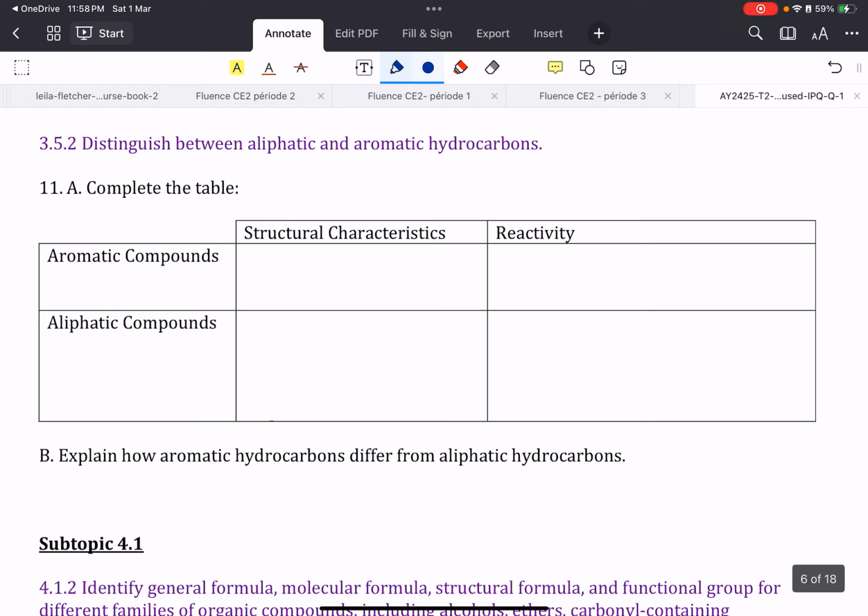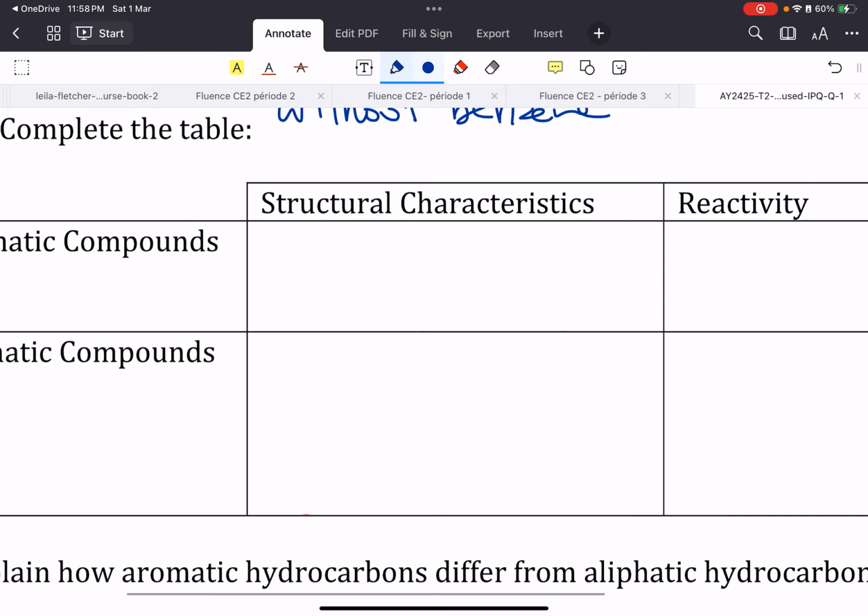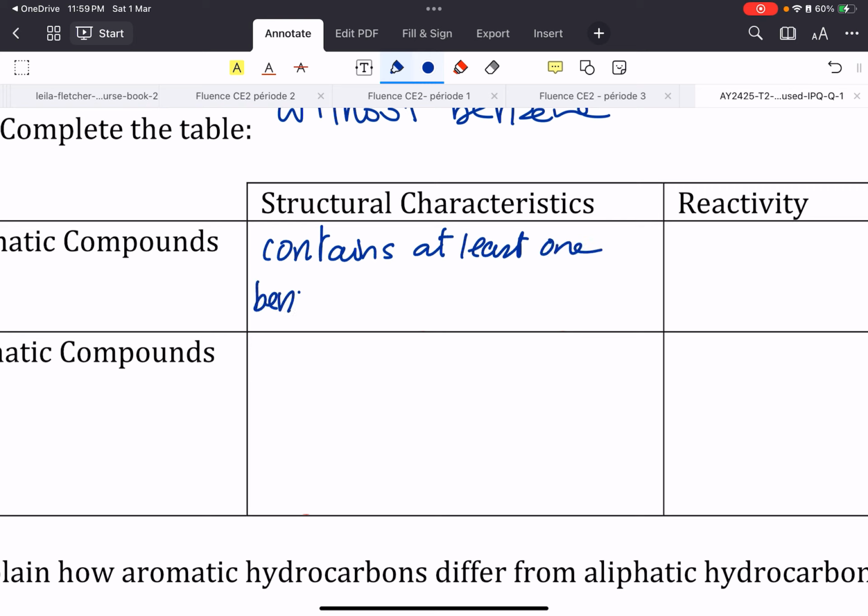Now, what's the difference between aromatic and aliphatic compounds? Aliphatic compounds are the compounds that do not have a benzene ring. Aromatic compounds are the ones that have a benzene ring. So, as a structural characteristic, it will contain at least 1 benzene ring.